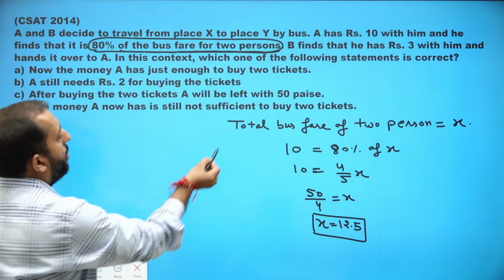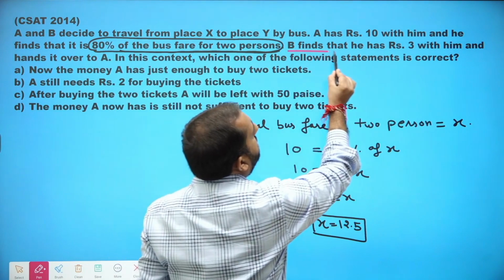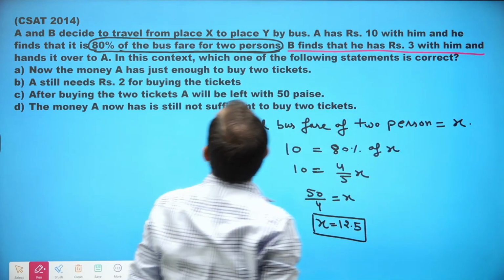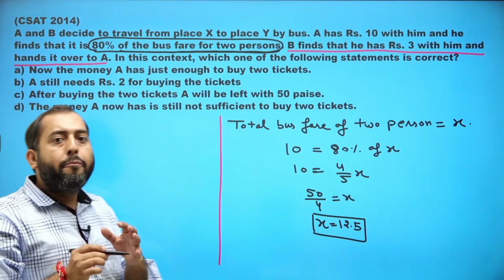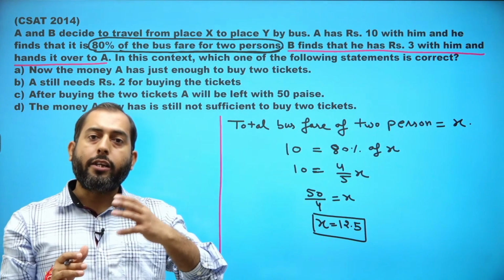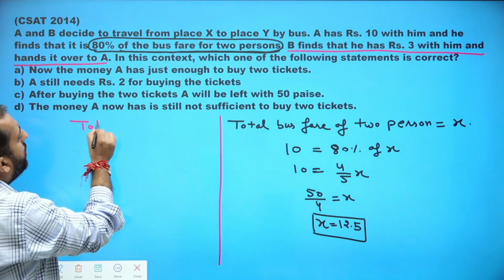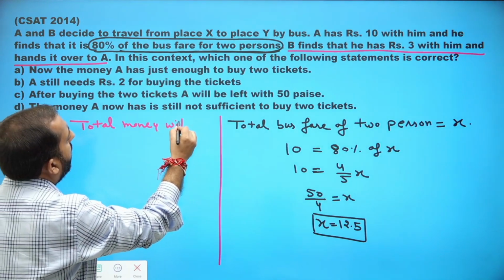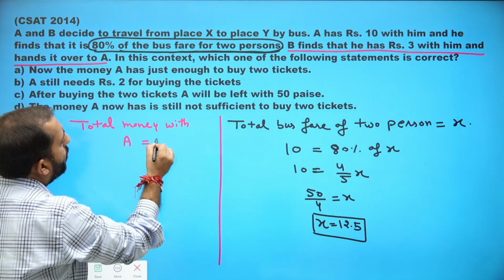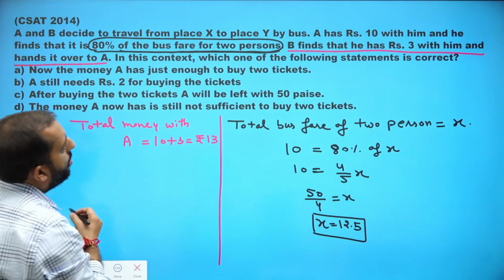Now, what is given in the next line? B finds that he has 3 rupees with him and he hands it over to A. After B has handed 3 rupees to A, total money with A will be 10 plus 3, that is rupees 13.